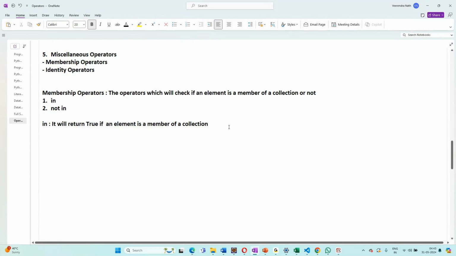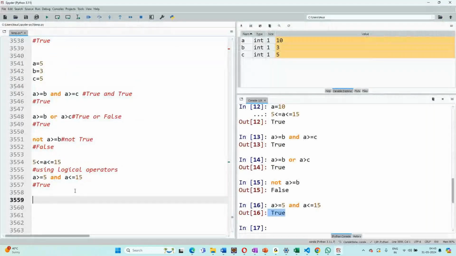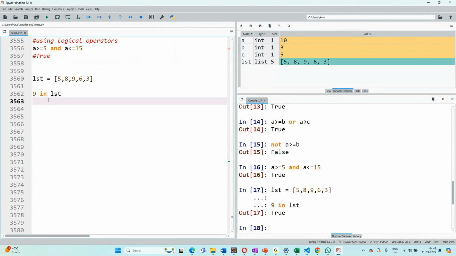So it will return true if a member is an element of a collection. Now, for example, I have a list which will contain 5, 8, 9, 6, 3. Now I will say 9 in LST. So 9 in LST is going to give me a true.